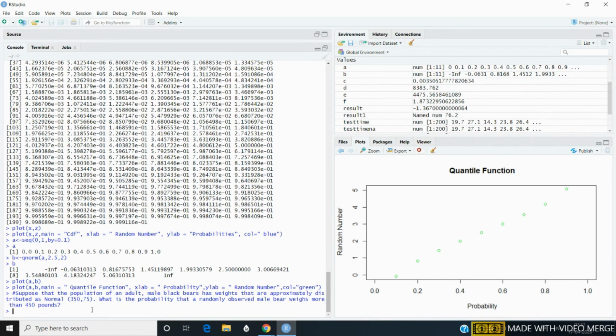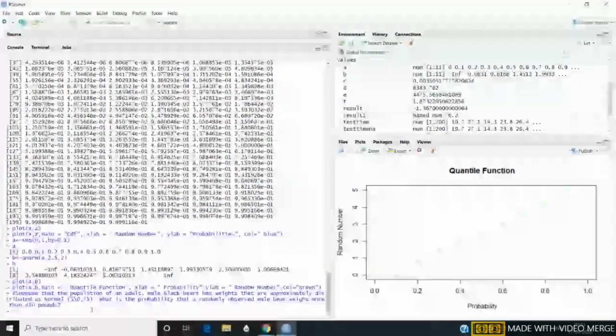We have to find the probability that a randomly observed male bear weighs more than 450. That is, suppose I am considering weight as x, so I have to find the probability of x greater than or equal to 450.